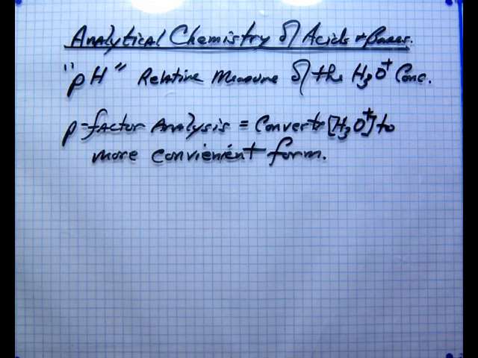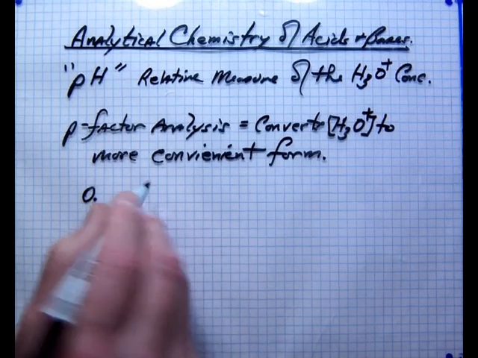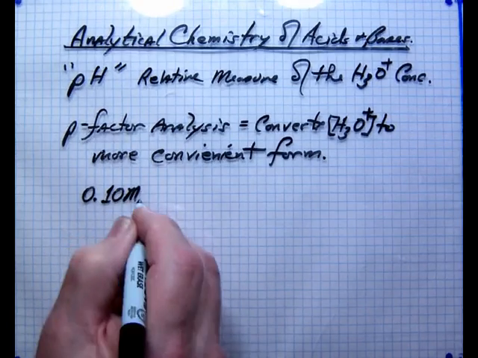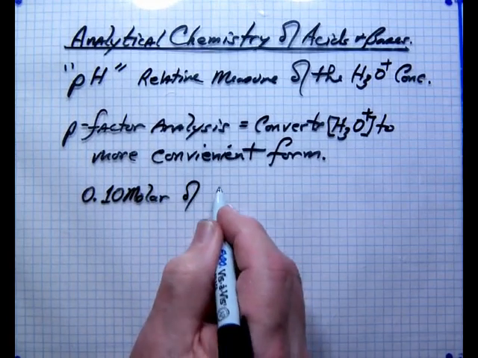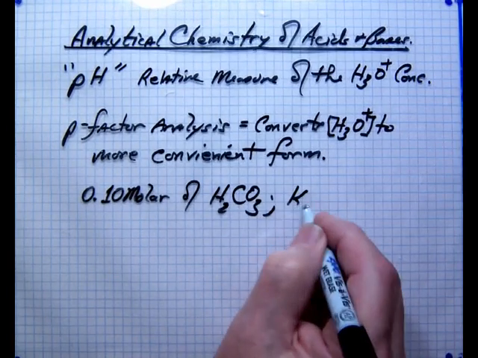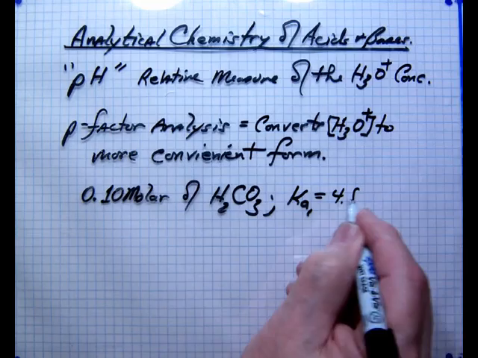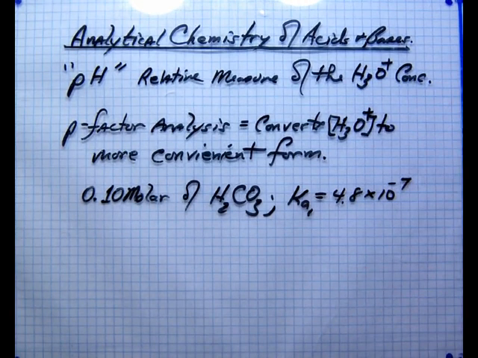Now, when you're working with acids in solution, especially weak acids, you'll be working with concentrations that are very small. If we look at carbonic acid, say we take a 0.10 molar solution of carbonic acid, and the first ionization, Ka1, is 4.8 times 10 to the minus 7.